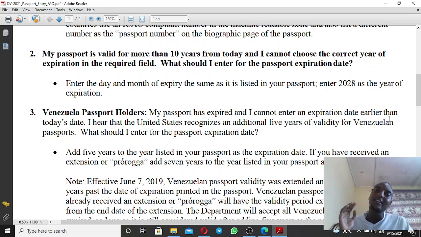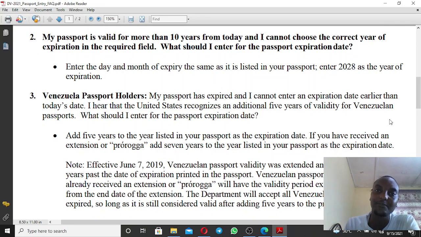You see, the person doesn't know the year of expiration of his passport. So the Department of State said you should enter exactly the day and month of expiration of your passport, the same as it is listed in your passport.